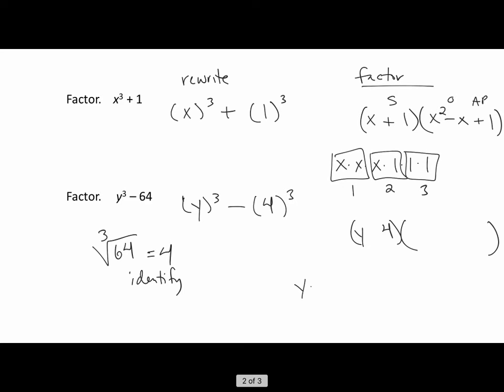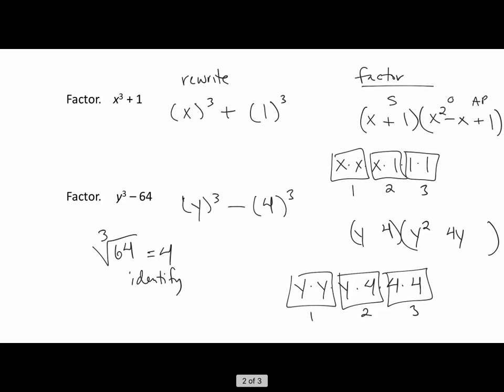For the second factor, I'm going to multiply y three times and 4 three times, and take boxes of 2 factors each. So the first term is y times y, that's y squared. Second term, y times 4 is 4y. And the third term, 4 times 4 is 16. Then let me put the soap in to complete these factors. Same sign is negative, opposite is positive, and the last is always positive.